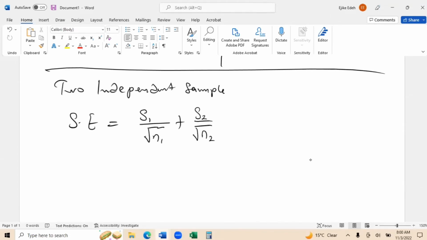Another way to rewrite this, let me just write it and then I'll explain. If I square everything here, what will it look like?